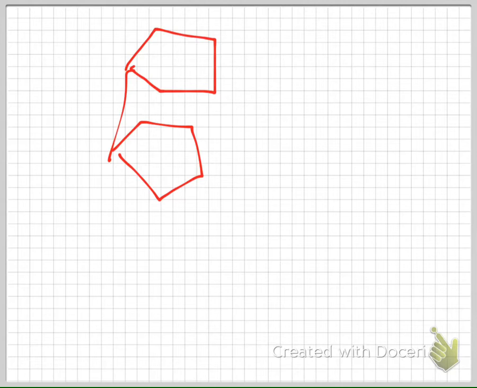What is that guy? That's a 5 of them. A pentagonal prism. Why is it a pentagonal prism? Pentagon is a base, and what are the sides? Rectangles, right? Okay, awesome.